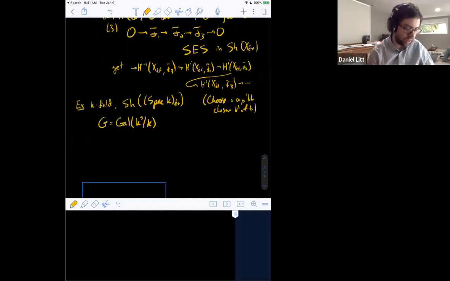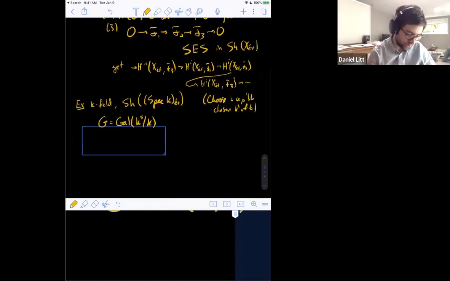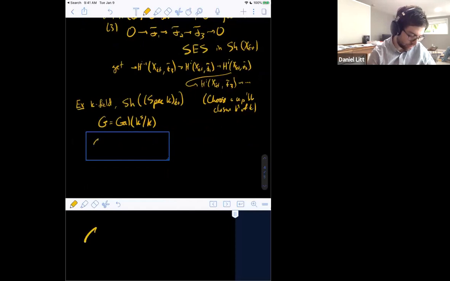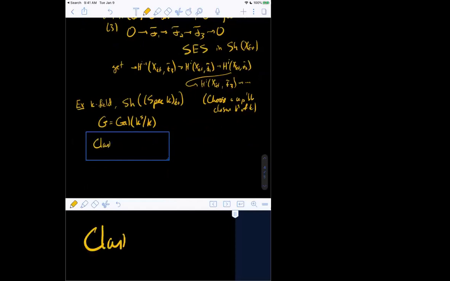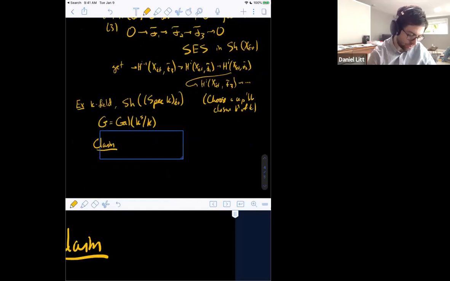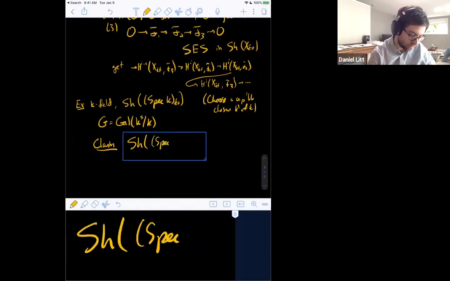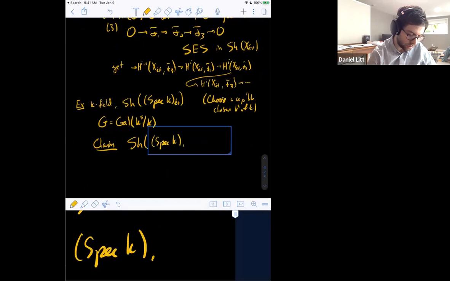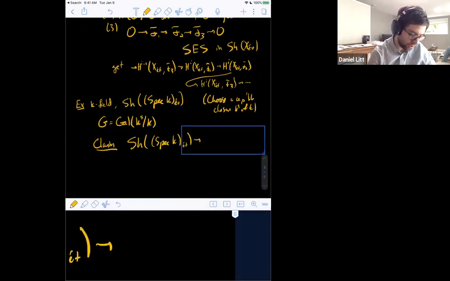Yeah, so I claim there's an equivalence of categories as follows. The claim is that there's a natural functor from sheaves on the Etale site of Spec K to the category of discrete G-modules.